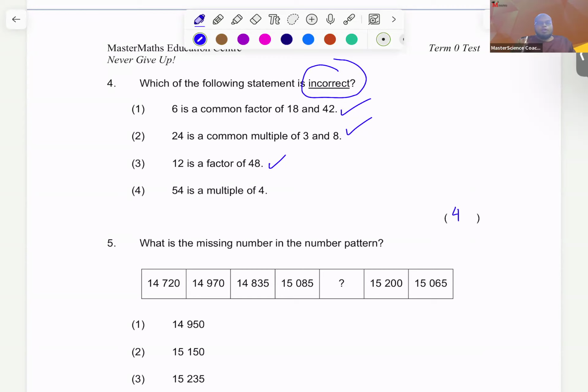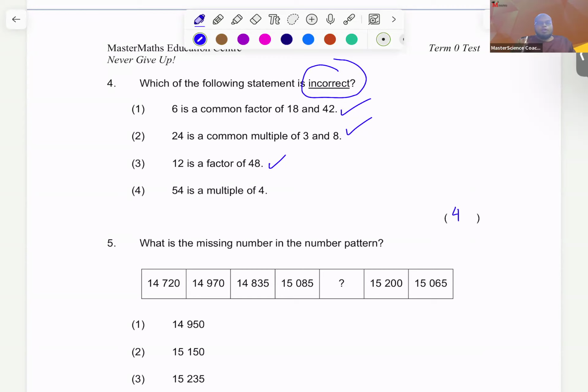Now from here to here, what is this? Minus of 135. Correct. Now from here to here, correct, plus 250.